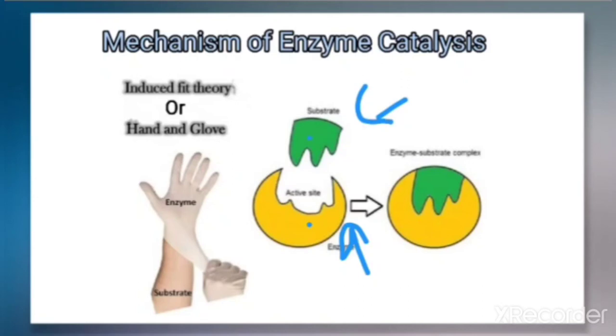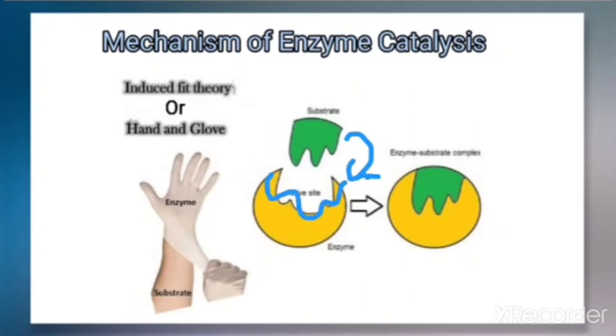But when the substrate approaches the enzyme, slight changes take place in the shape of the active site. Because it has changed, the substrate can now easily bind on this site. So when the substrate approaches, the enzyme slightly changes the shape at the active site so that the substrate can fit into it and form an enzyme substrate complex.